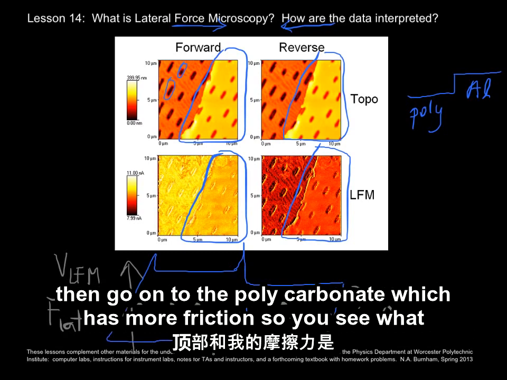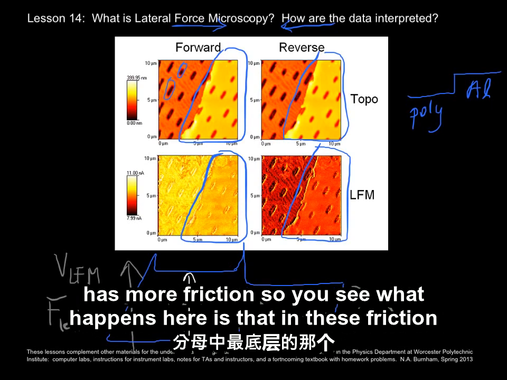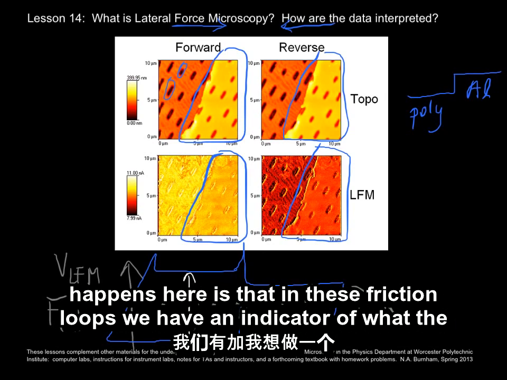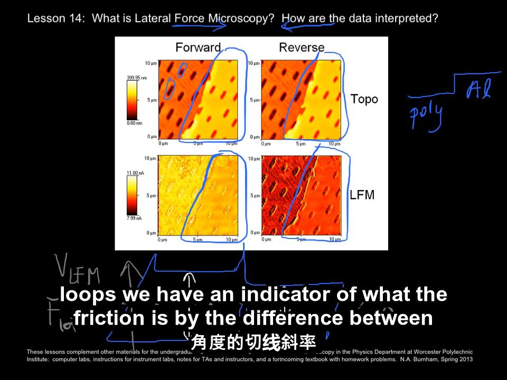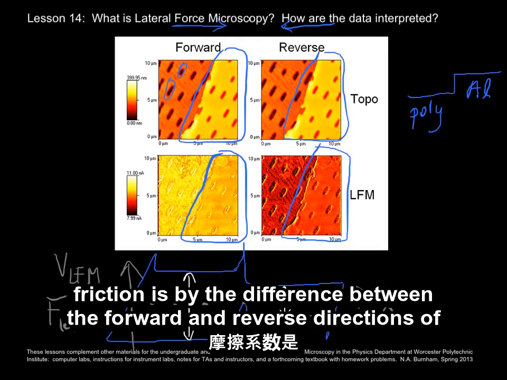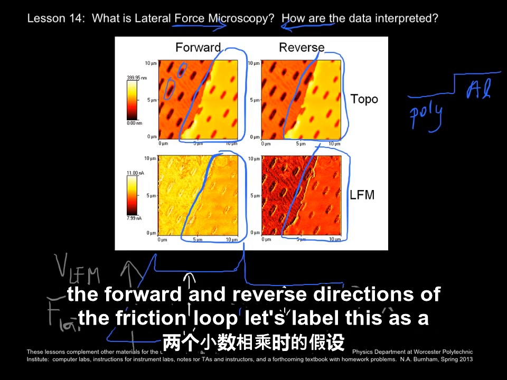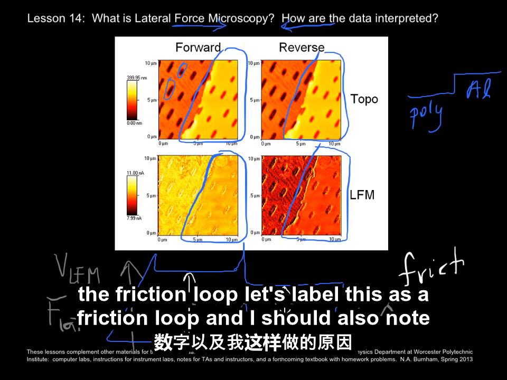So you see, what happens here is that in these friction loops, we have an indicator of what the friction is by the difference between the forward and reverse directions of the friction loop. Let's label this as a friction loop.